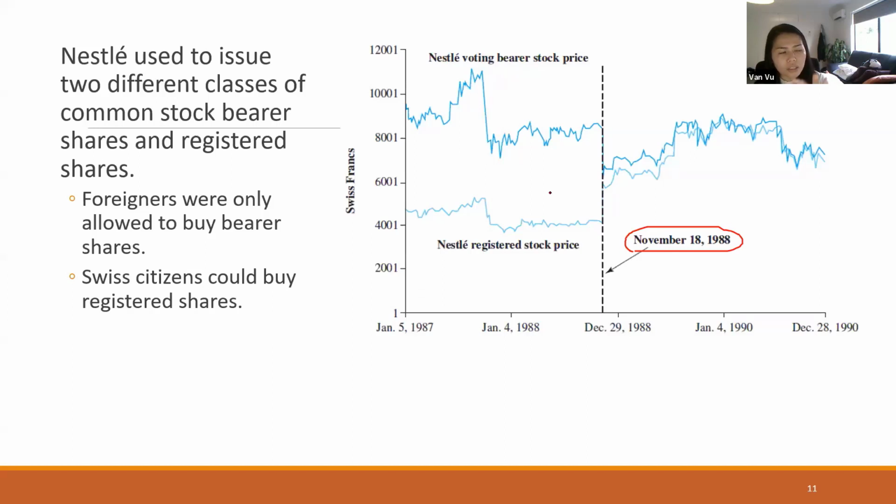Now, in theory, if you have a financial asset written on the same fundamental, in this case a company, then in theory the value of these two financial assets should be the same.